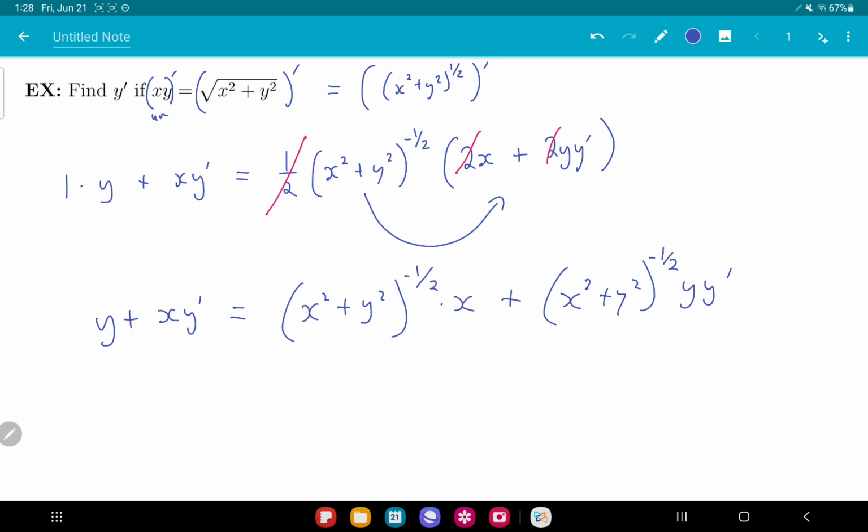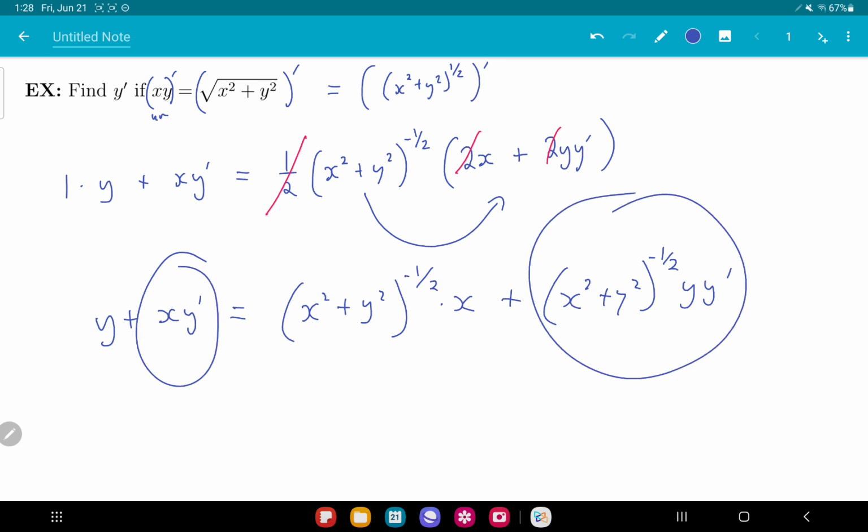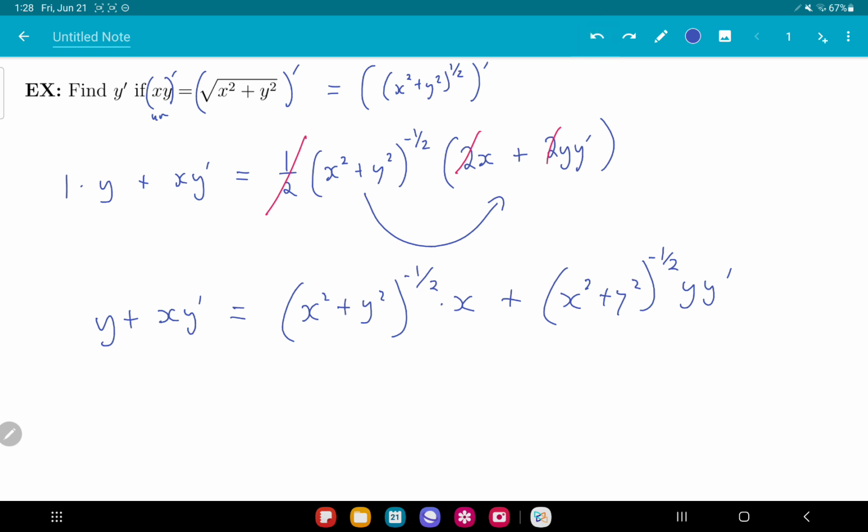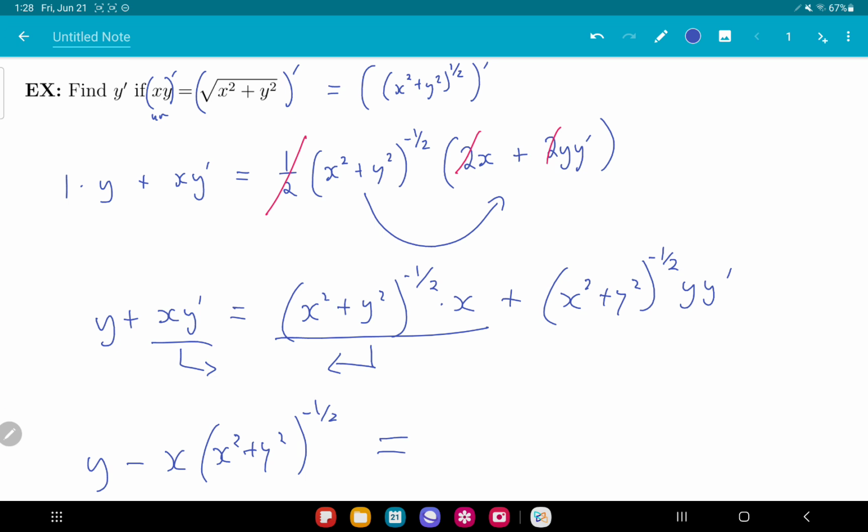Okay, my next step is to collect my terms involving y prime, this guy and this guy, all on one side. Doesn't matter which side you do. Why don't we choose the right-hand side? So this guy will go there, and this guy will go to the right. So we're going to get y minus this term, my left-hand side.